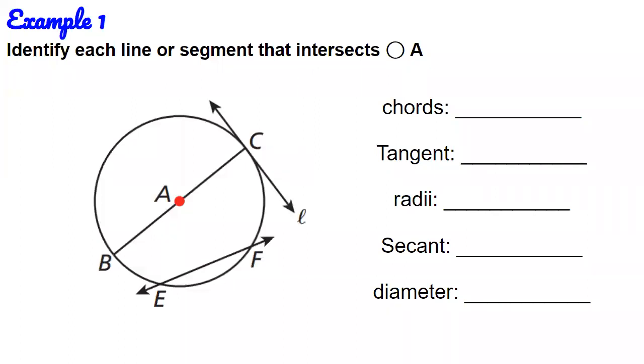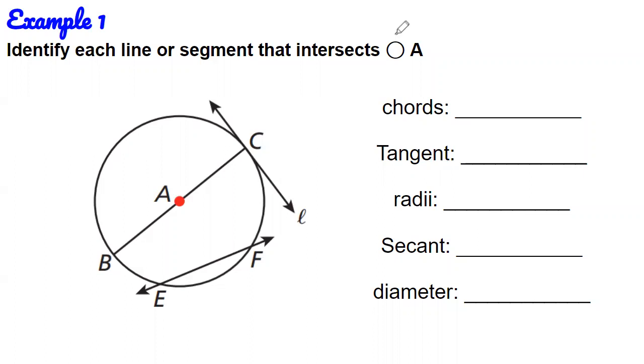I'm going to identify my chords first. So what is the definition of a chord? It's a line segment that goes where? It's a line segment whose endpoints are on the circle.